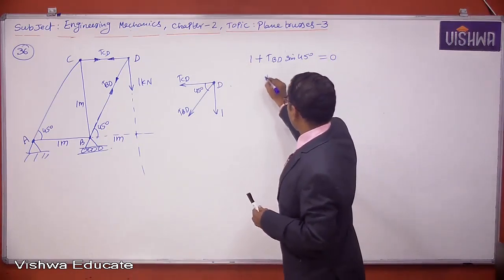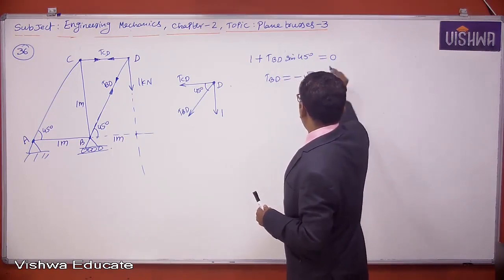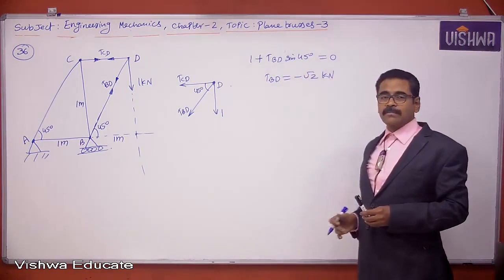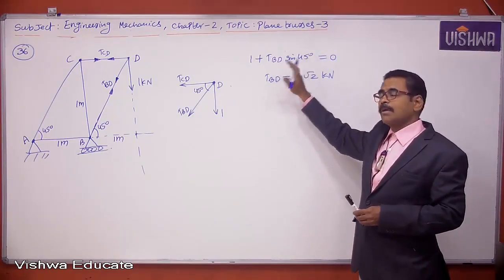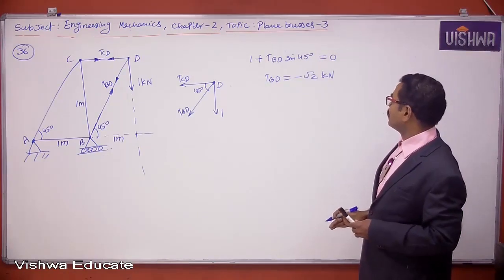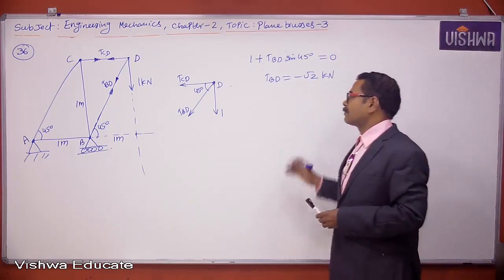So from this, TBD is equal to minus root 2. You bring 1 to the other side, it becomes minus 1. Sine 45 means 1 by root 2, and bringing 1 by root 2 to the other side gives root 2. So TBD is minus root 2 kilonewtons.